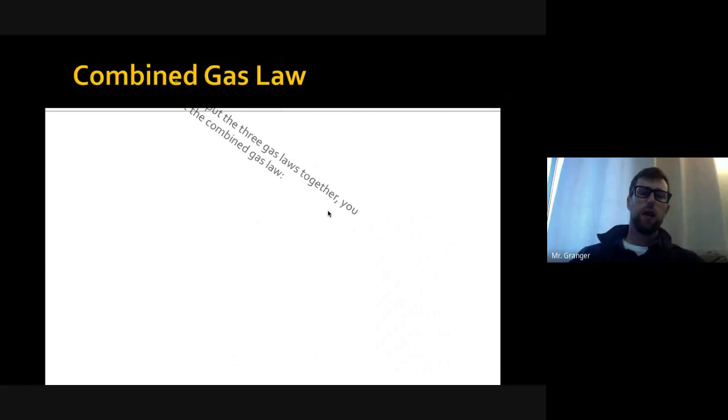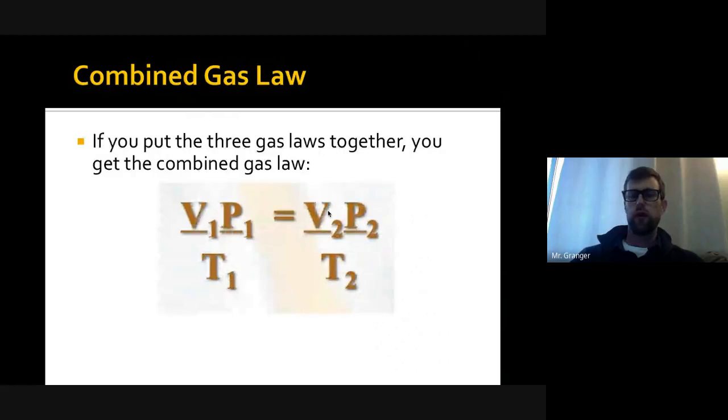So we can take these three different parameters, volume, pressure, and temperature, and we can put these three together and we can have two sets of conditions, which we call the combined gas law. By combining volume, pressure, and temperature from one set of conditions to volume, pressure, and temperature in another set, it gives us a combined gas law that we can then use to compare two sets.